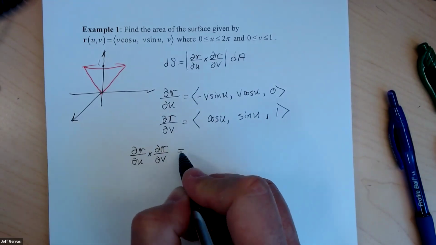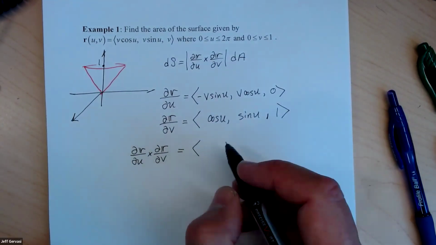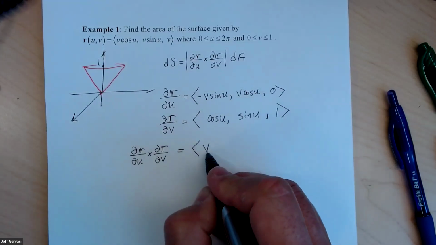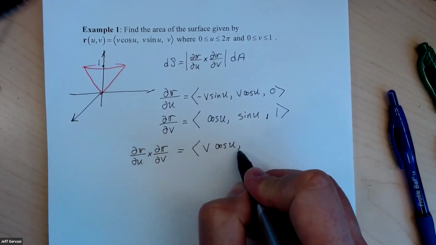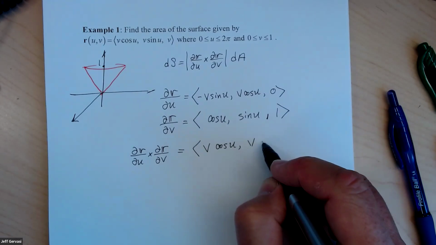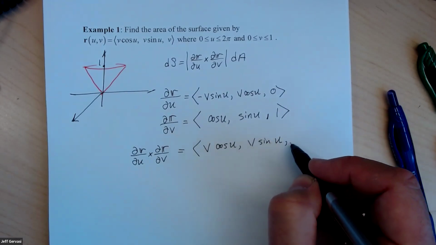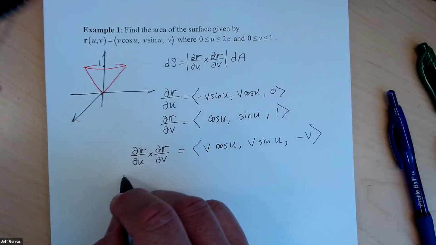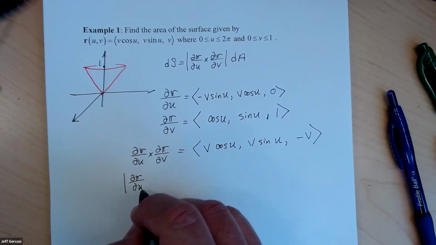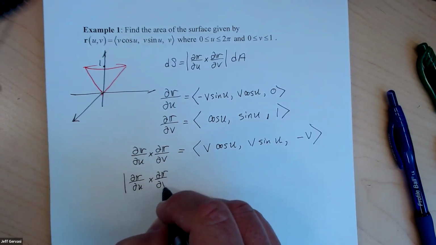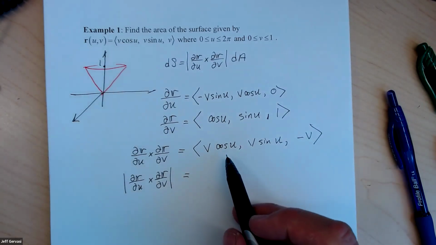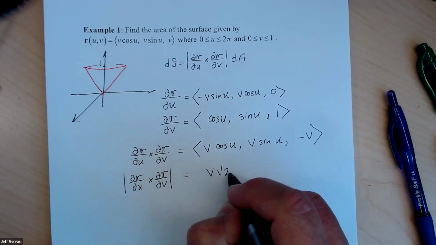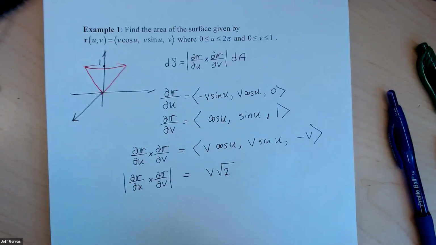Take the cross product of this and we'll get the following. Then the magnitude of that. Okay, so we want to square all three components, add them together, take the principal square root. Verify that we'll get this.